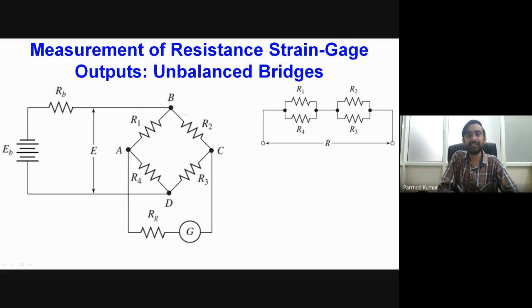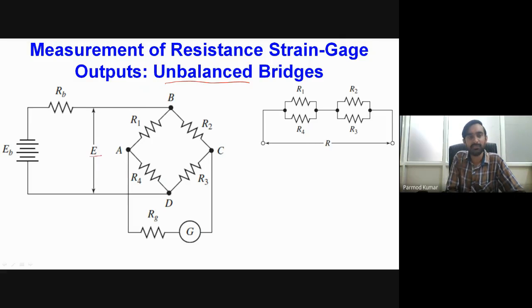In case of unbalanced bridges, we try to determine the value of the unbalanced voltage or current across our galvanometer. Here, EB is the supplied voltage from the battery and RB is the resistance of the battery. Because of this RB resistance, we get only E amount of effective voltage across the bridge.